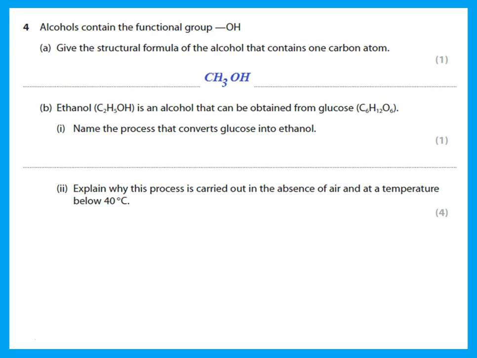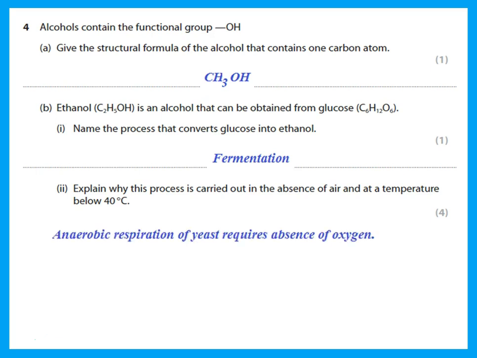You remember that we can get ethanol by 2 methods. One of the methods is by fermentation, and that is when I add yeast to glucose and it turns the glucose into ethanol and carbon dioxide. Now explain why this process is carried out in the absence of air and at a temperature below 40 degrees.